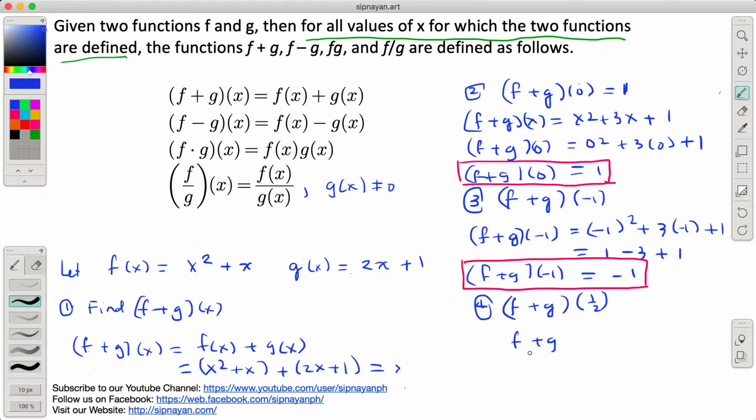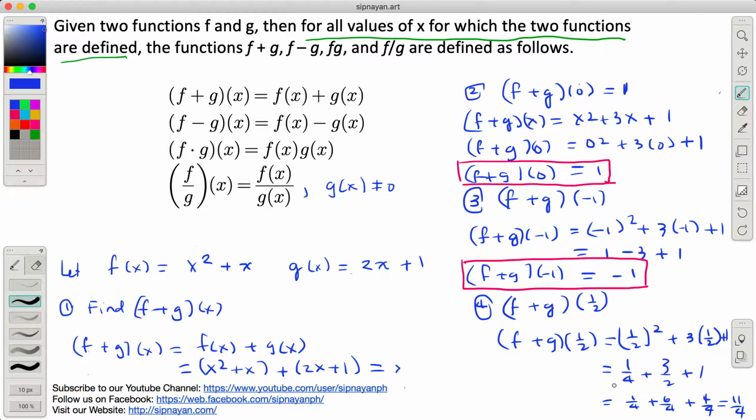F plus g of 1/2 is equal to 1/2 squared plus 3 times 1/2 plus 1. So that's 1/4 plus 3/2 plus 1. So 1/4 plus 6 over 4 plus 4 over 4. That's 7, 11 over 4. This is 11 over 4.